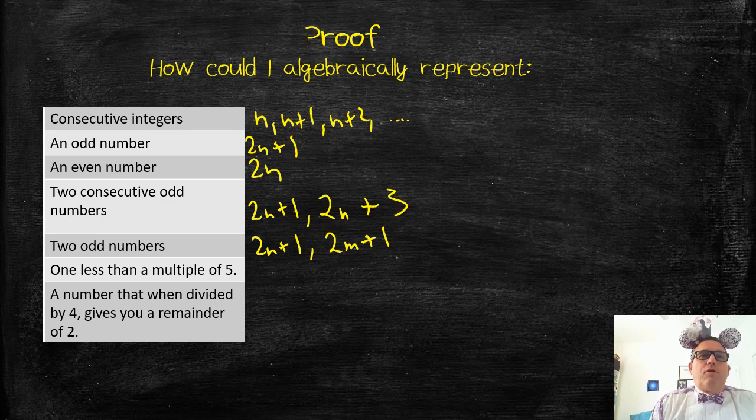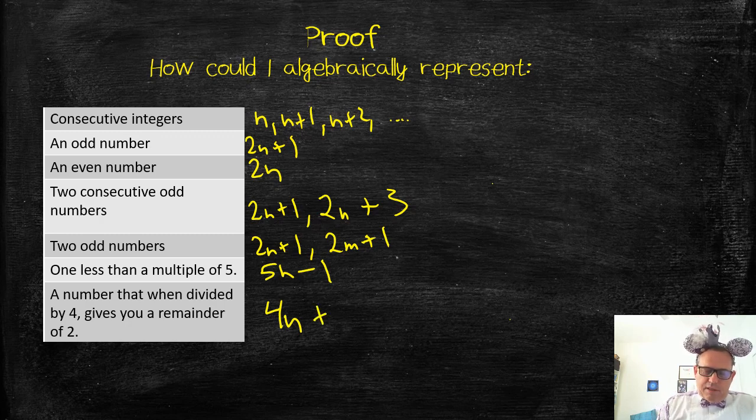One less than a multiple of 5. Well, a multiple of 5 would be 5n, so one less would be 5n minus 1. Again, these are all things that you might see at the beginning of a proof. A number that when divided by 4 gives you a remainder of 2. Think about how multiplication works. Well, 4n would give me no remainder when I divide it by 4.